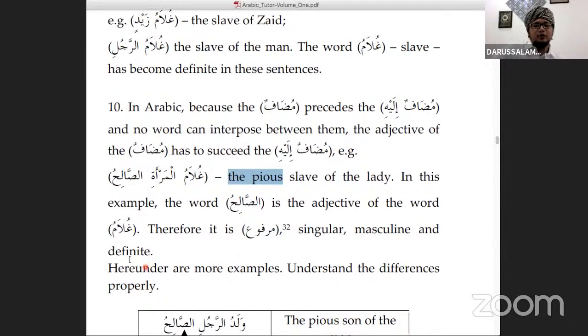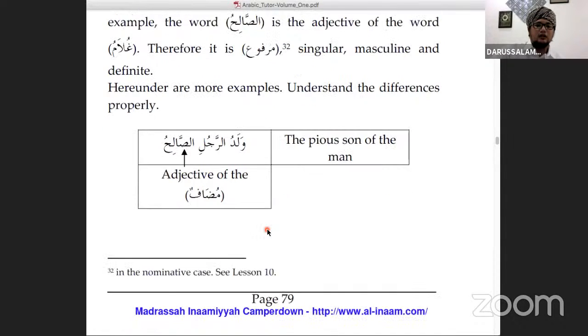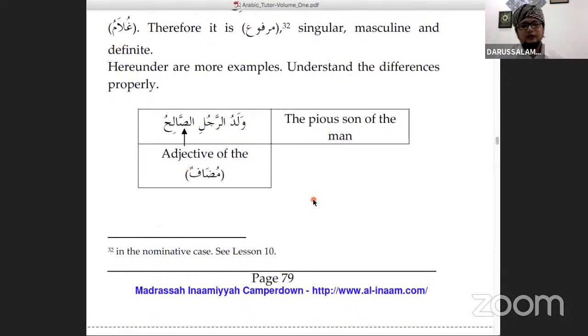And they must both be definite lah. Since ghulam is ma'rifah, then as-salih will be ma'rifah. So, okay? So here are some more examples here. Okay, look at these next examples now.